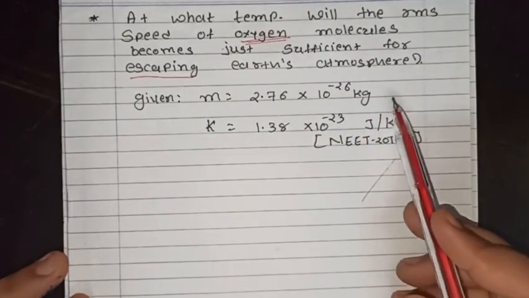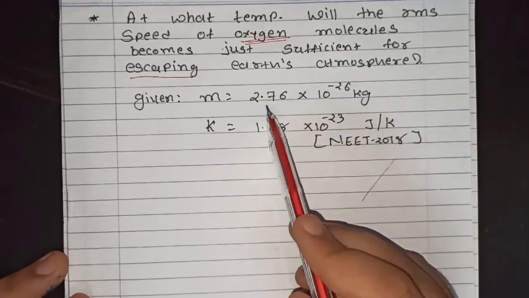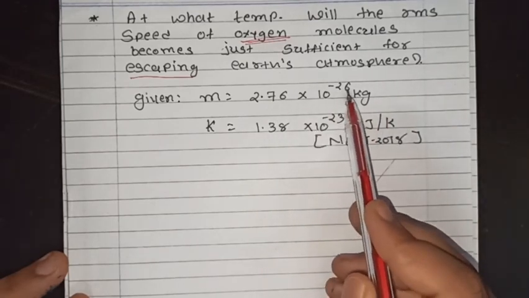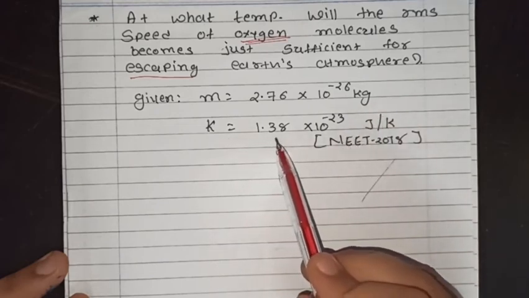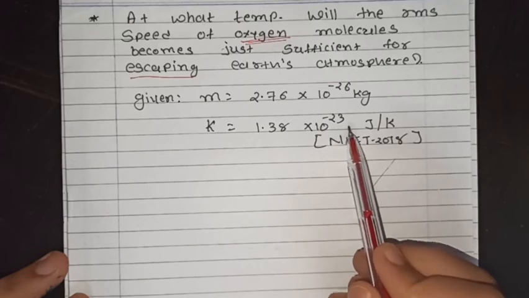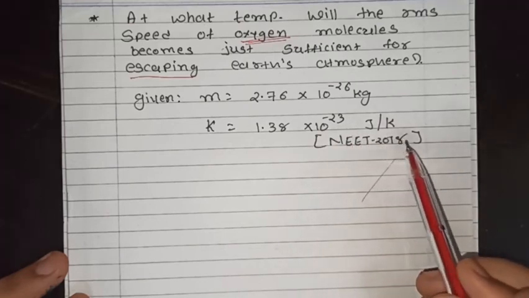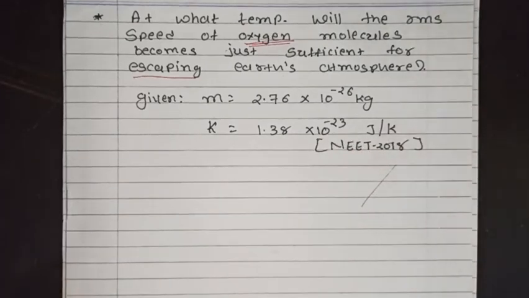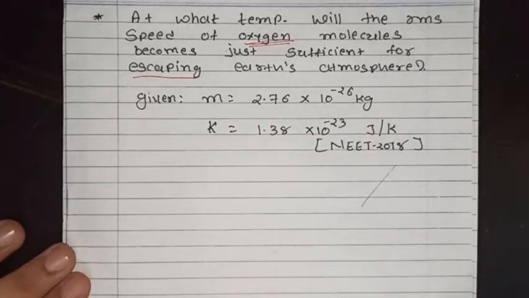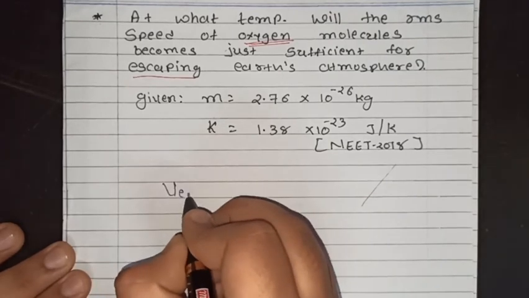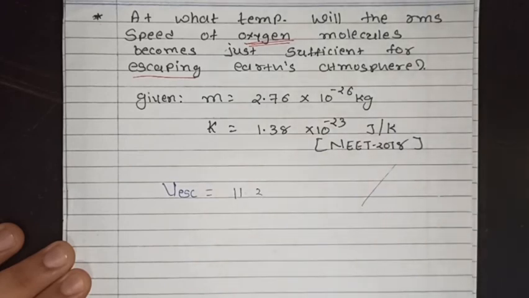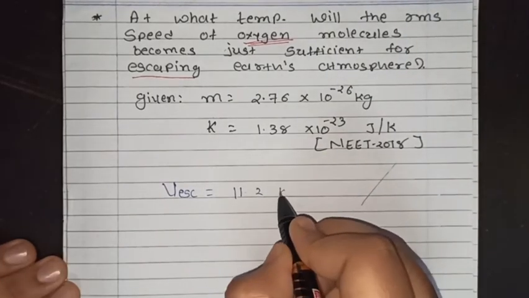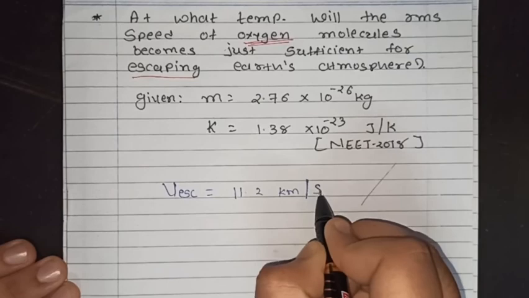Given the mass of oxygen molecule is 2.76 into 10 power minus 26 kg, and the Boltzmann constant 1.38 into 10 power minus 23 joule per Kelvin. For any particle to escape Earth's atmosphere, its escape velocity should be equal to 11.2 kilometer per second.